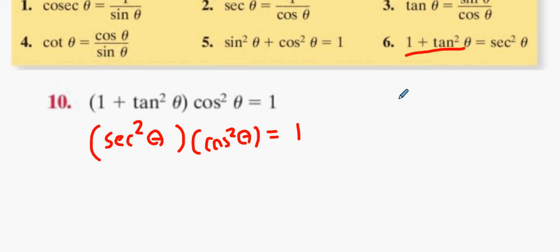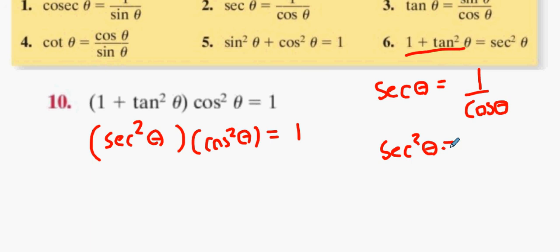So, secant theta is 1 over cos theta. Square both sides, and what do you get? Secant squared theta equals? Exactly. And what's 1 over cos squared theta multiplied by cos squared theta?